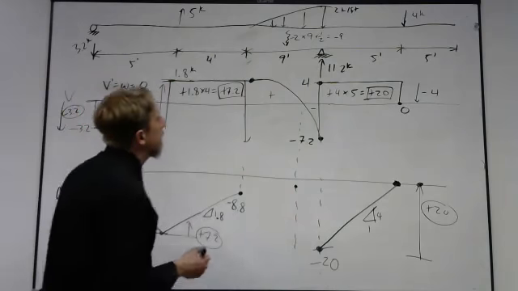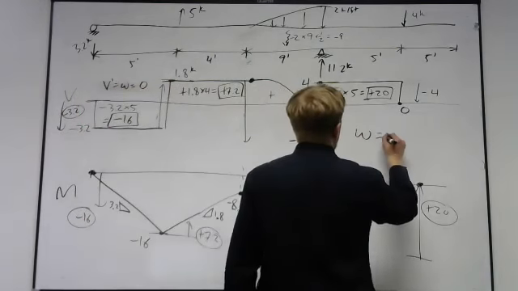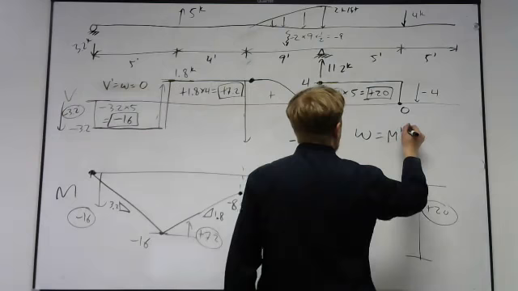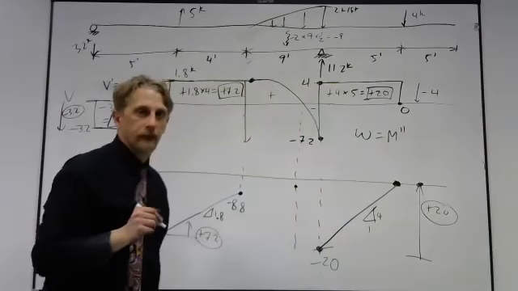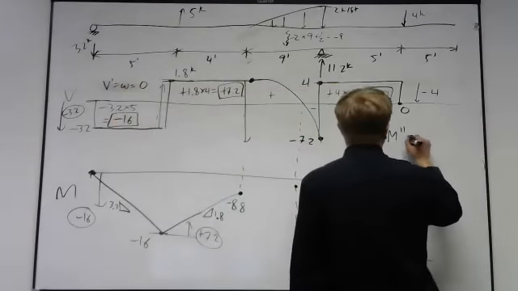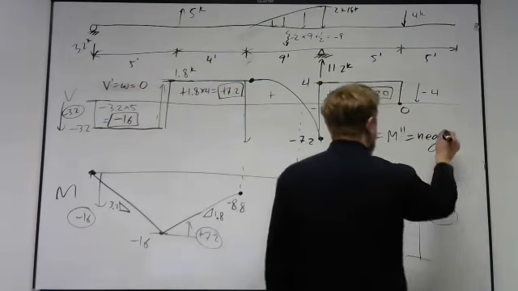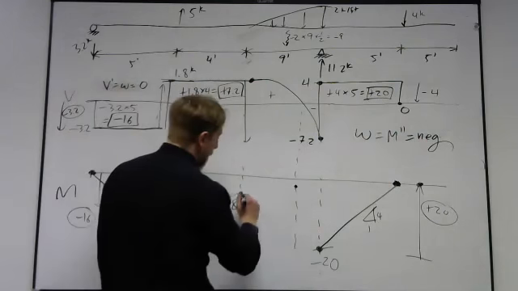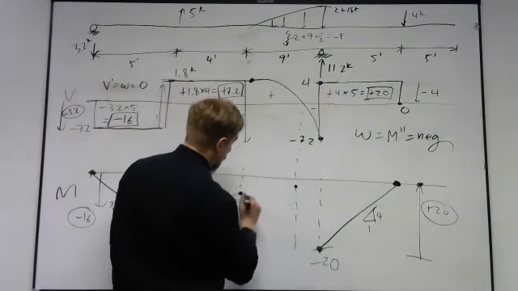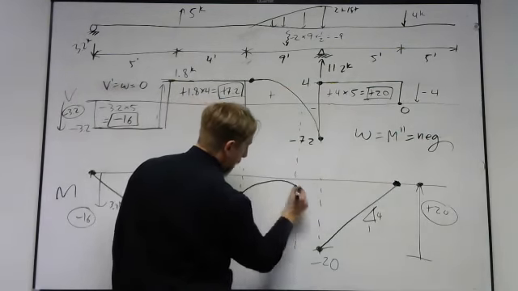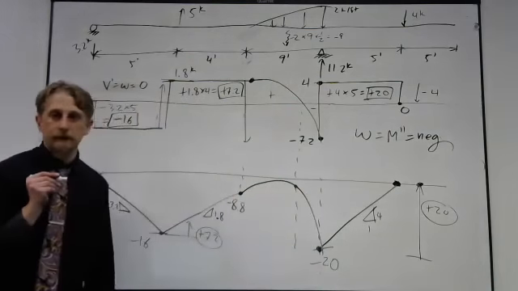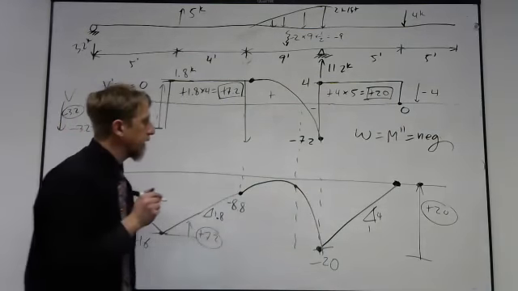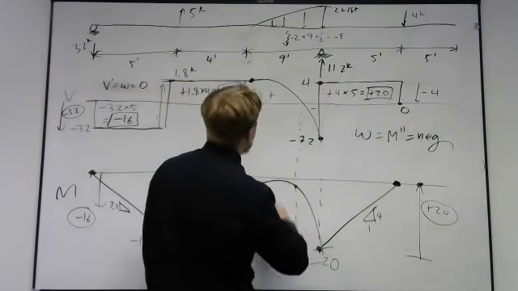Well, the easiest way is using W, it's the concavity of M. So I know that my M diagram should be concave down anytime I have W going down. That's the easiest way to do it. Quite draw this, right?